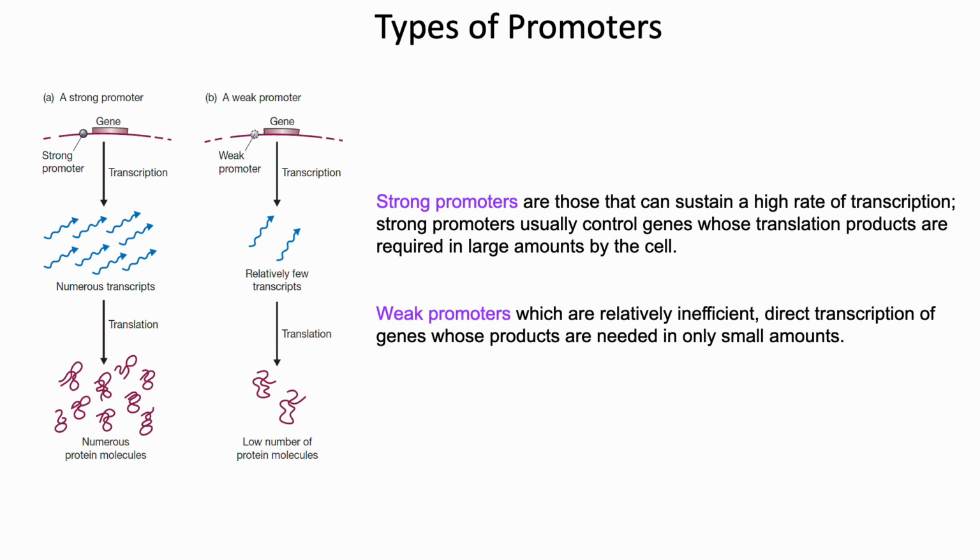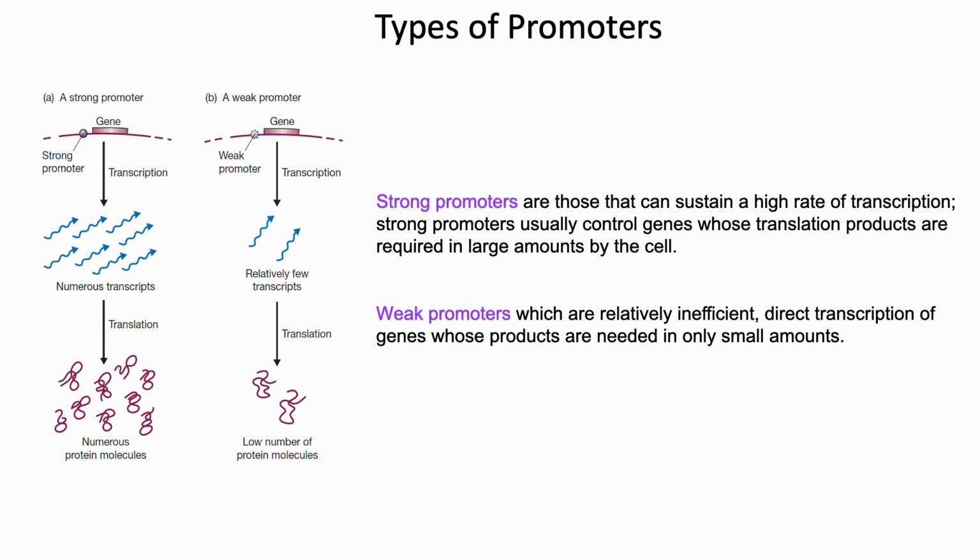Strong promoters are those that can sustain a high rate of transcription. Strong promoters usually control genes whose translation products are required in large amounts by the cell, whereas in contrast, weak promoters are relatively inefficient and direct transcription of genes whose products are needed in only small amounts.